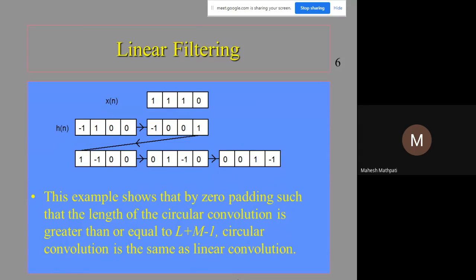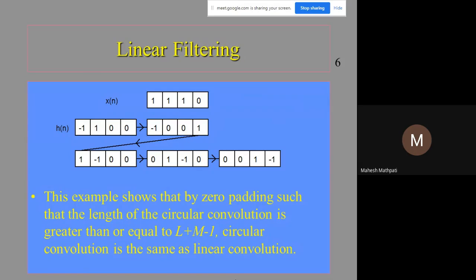So this example shows that by zero padding such that the length of the circular convolution is greater than or equal to L plus M minus 1, circular convolution is the same as linear convolution.